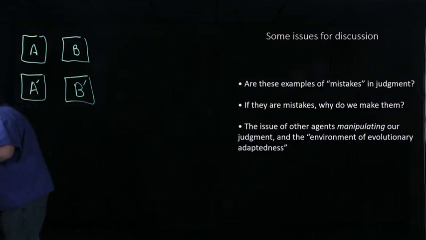This is often rather difficult. Reason is a kind of slippery concept in situations like this. We may begin by asking, are these really mistakes altogether? Maybe we don't want to think of them as mistakes. Maybe there's a certain kind of sense in that first situation.